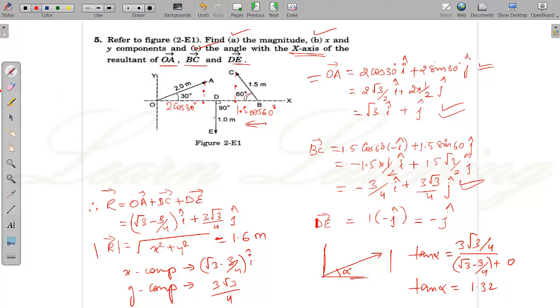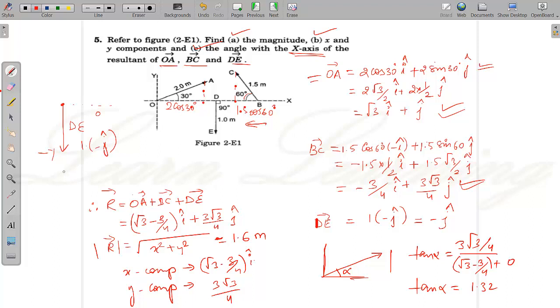So that's why, if you want to resolve this vector DE in two directions, one direction is already there, this direction it will be 0, and the full DE will be in this direction itself. So how much will that be? 1 in minus j cap. What is the angle of DE with respect to the negative y-axis?